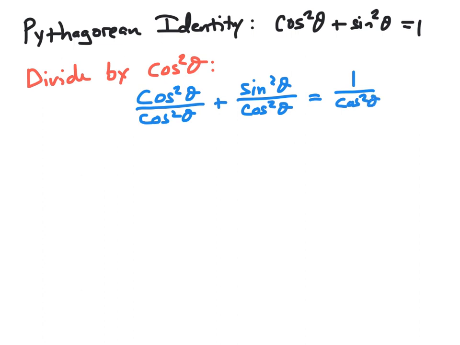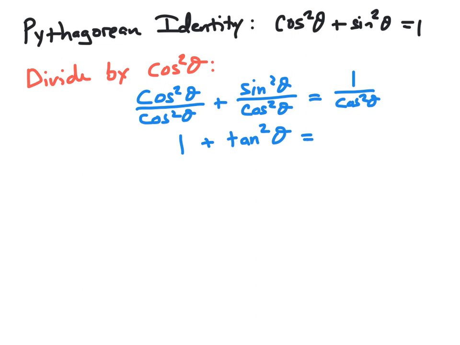Cosine squared divided by cosine squared, of course, is just going to equal 1. Sine squared divided by cosine squared will be the tangent squared. We know sine divided by cosine is tangent, and if we square both of those, we'll end up with 2 copies of the tangent multiplied together, which is tangent squared.